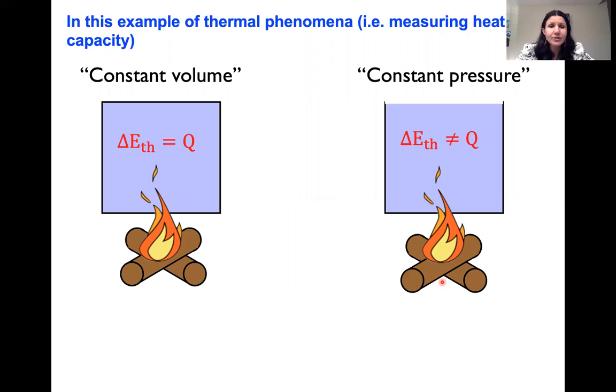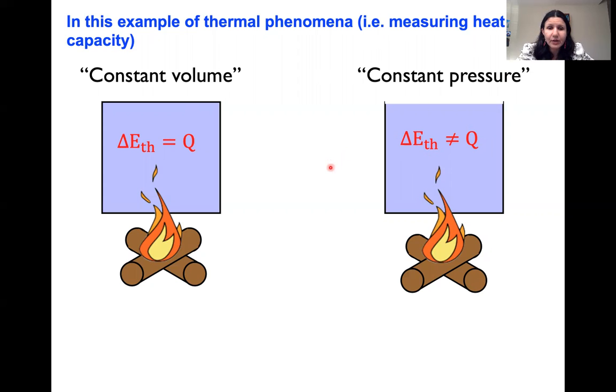For example, we just saw two different processes. At constant volume, the change in thermal energy was the heat added. At constant pressure, a different process, we added some amount of heat, but now it's no longer equal to the change in thermal energy because now there's work involved.